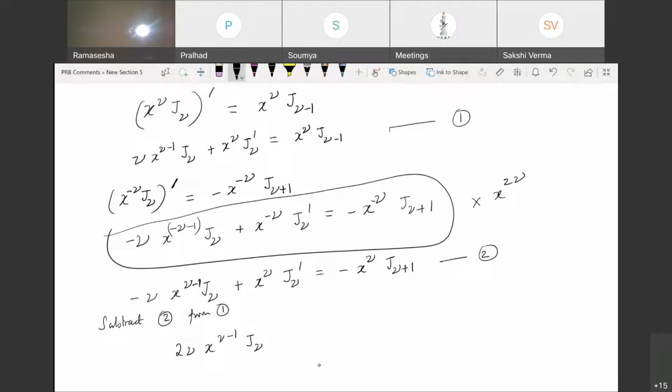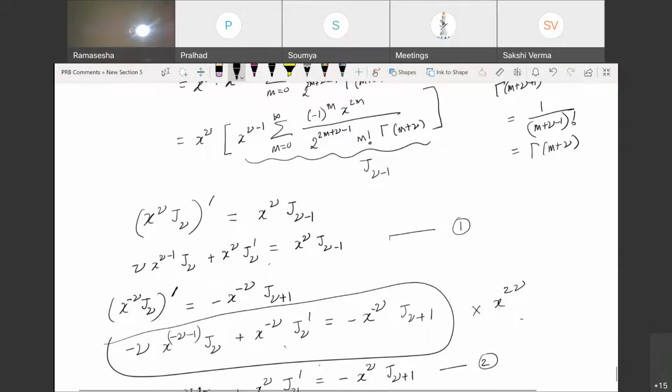So since I'm subtracting here, J nu x. Sorry, this is equation 1.